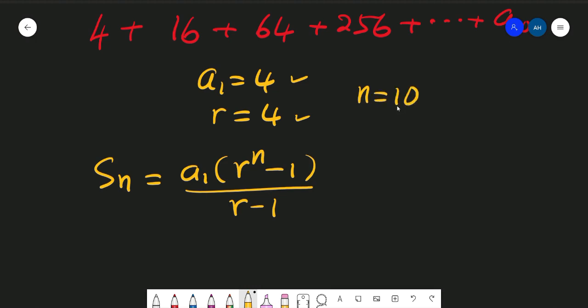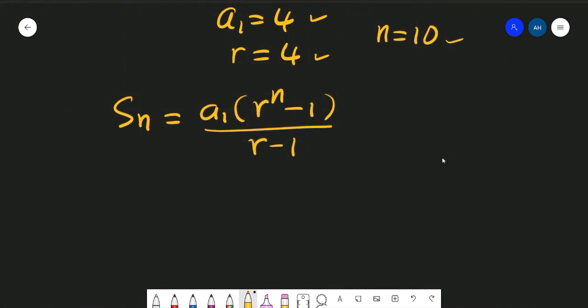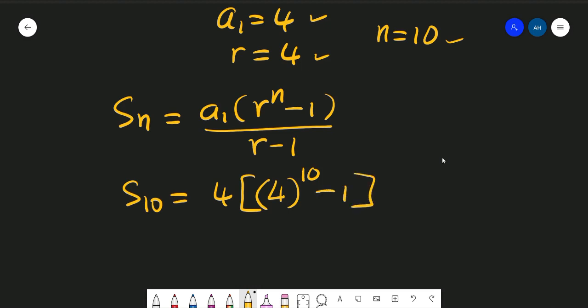We can substitute these into the formula. S10 equals 4 times 4 to the power 10 minus 1, over 4 minus 1.